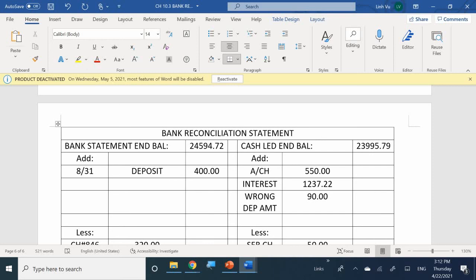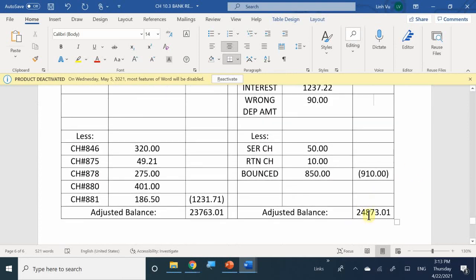Right, but I meant this total amount here for my adding. 24,963.01. Okay, perfect. 24,963.01. Okay, good.